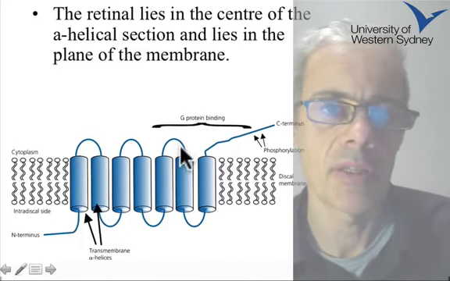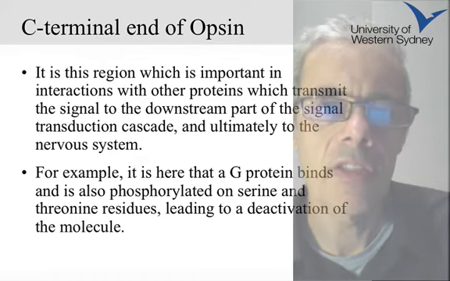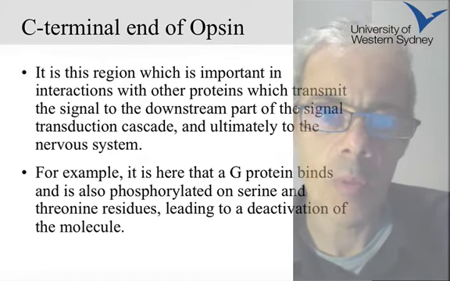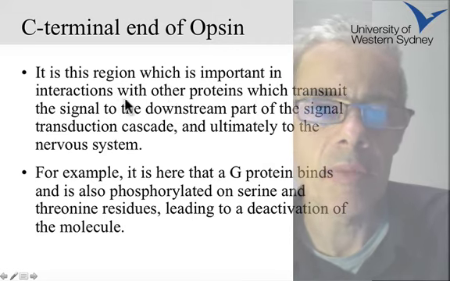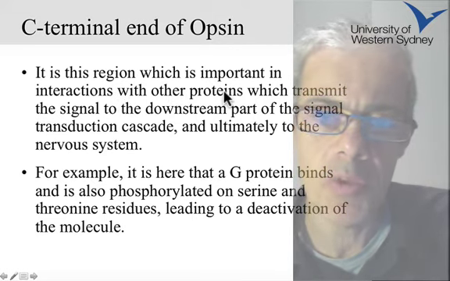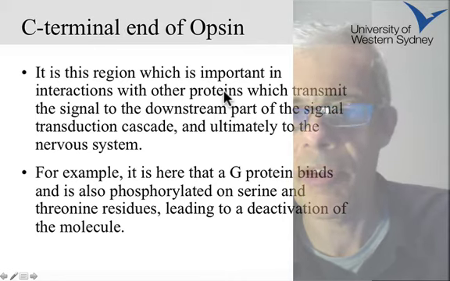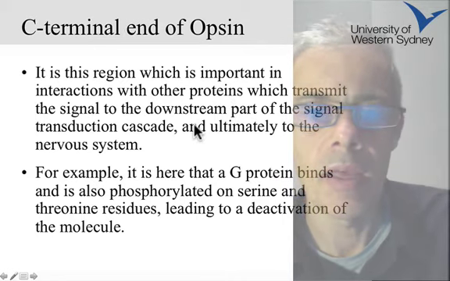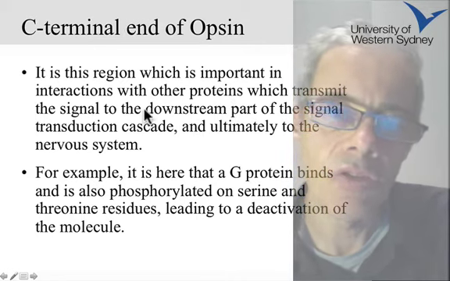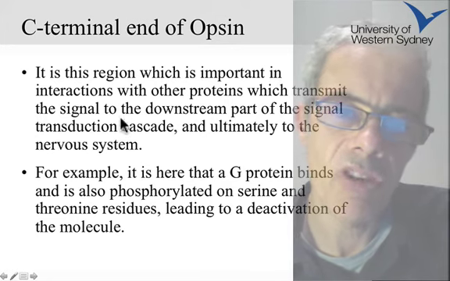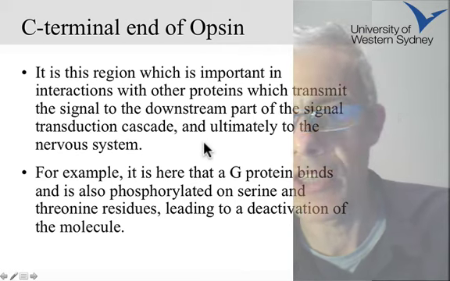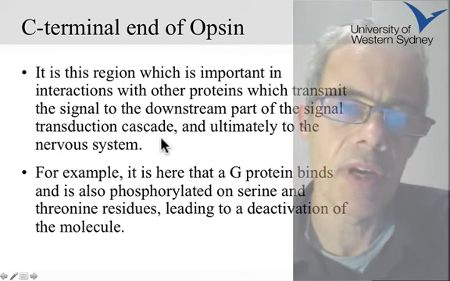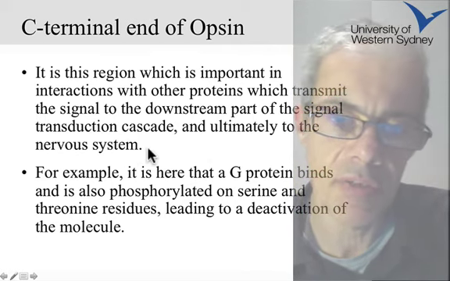a photon of light. The C-terminal side of the opsin is where the opsin is able to interact with other proteins, which are the heterotrimeric G proteins. And then through transduction through the heterotrimeric G proteins, we lead to the hyperpolarization of the cell, which can then fire an electrical signal to the nervous system.